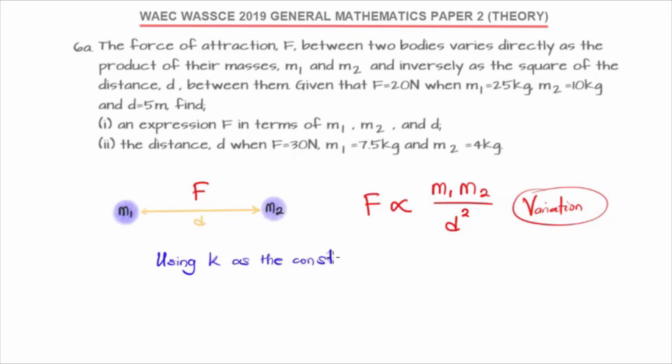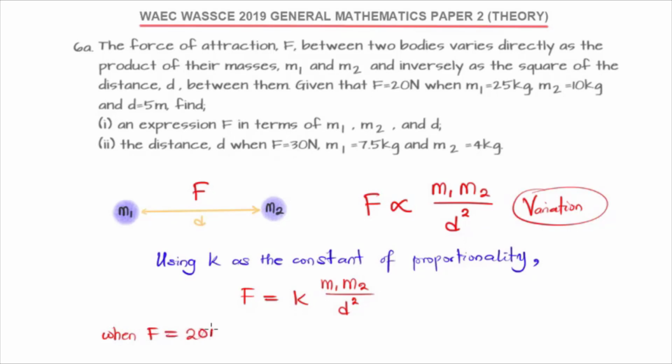For us to make it an equation, we need to introduce the constant of proportionality, and I want to use k. So F is equal to k multiplied by m1 and m2 over d raised to power 2.